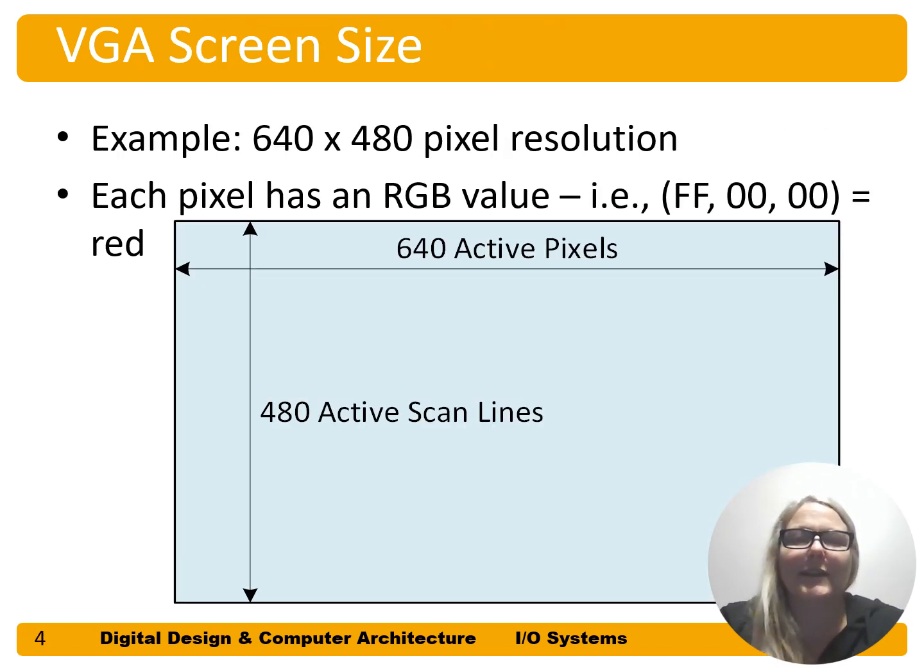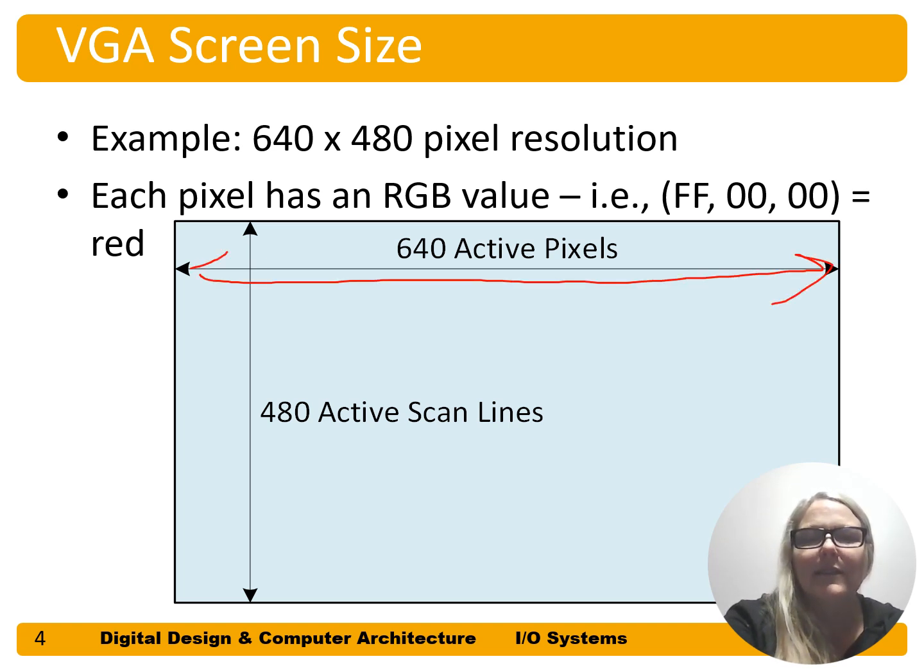So a VGA screen has some resolution, so some number of pixels. So for example, here is a 640 by 480 pixel display. So it has 640 active pixels in the X direction and 480 active pixels in the Y direction.